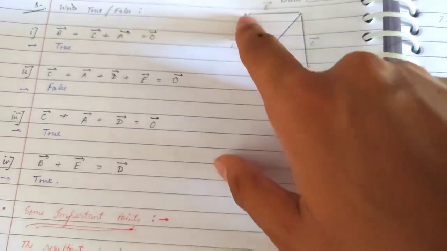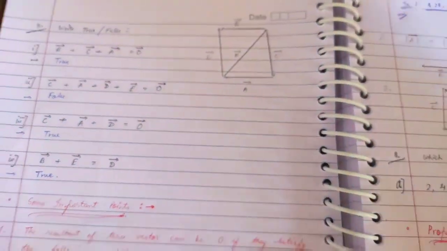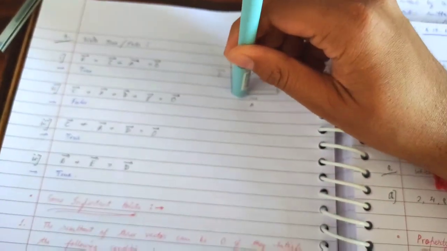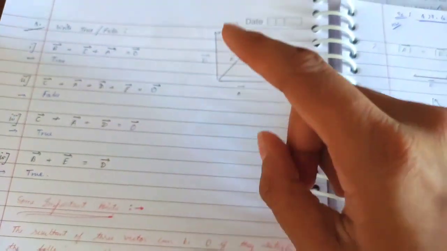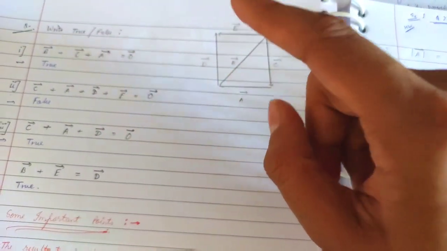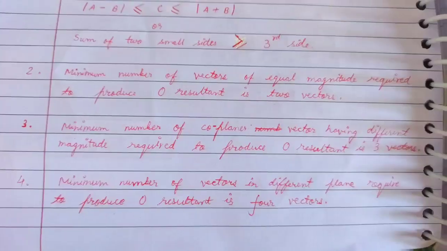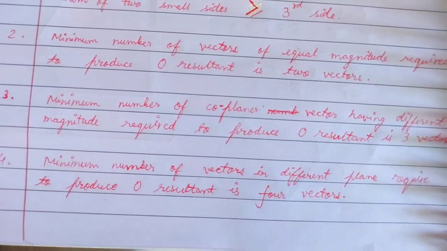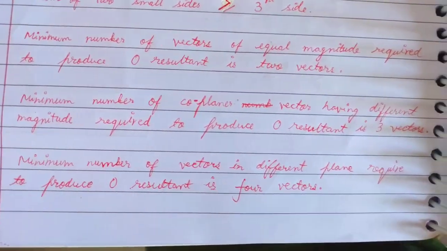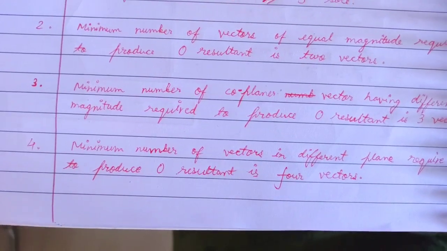Then suppose this vector D is coming out of the page, in the upward direction. Then this will be the third vector. Then we will require a fourth vector which will connect the outgoing point with this point, which will give us a resultant of 0. Basically, for closing the figure we also need the fourth side, which will be in the same order, and only then will our resultant vector be 0.